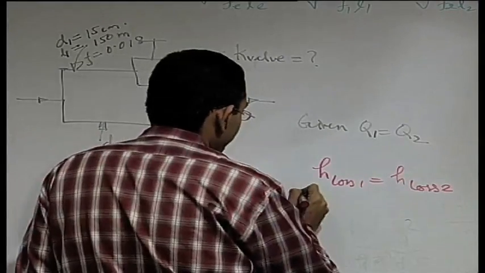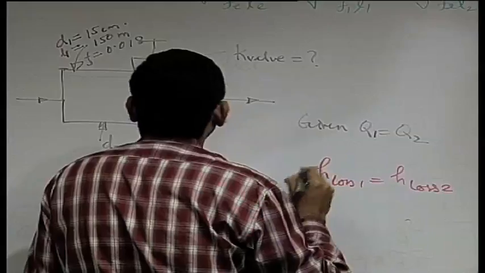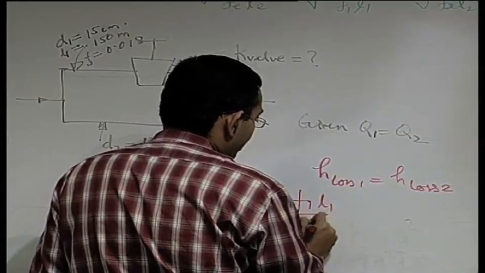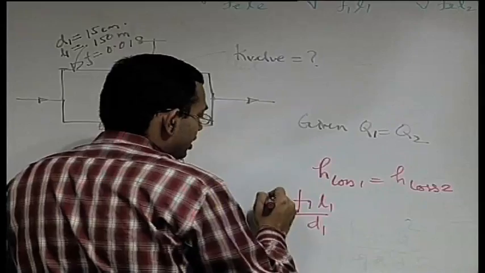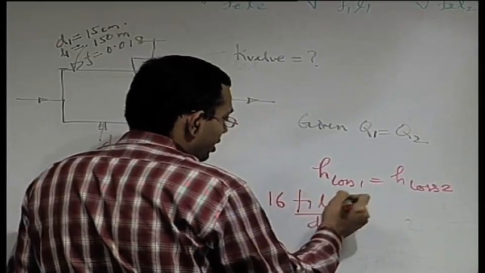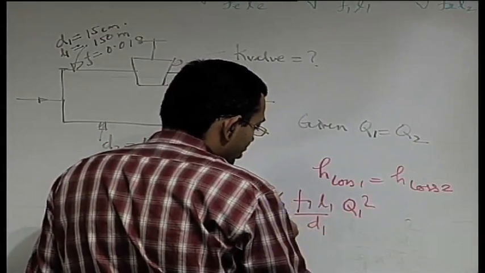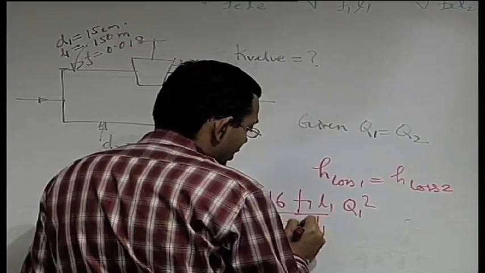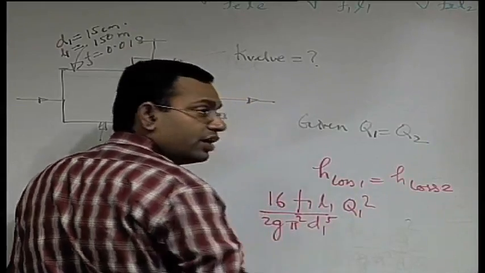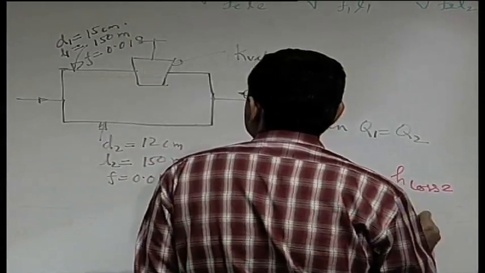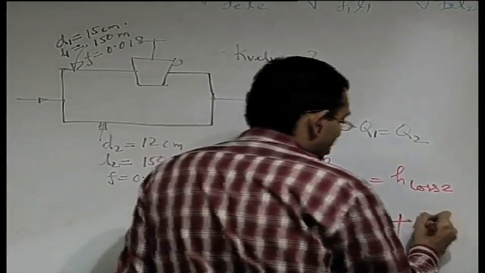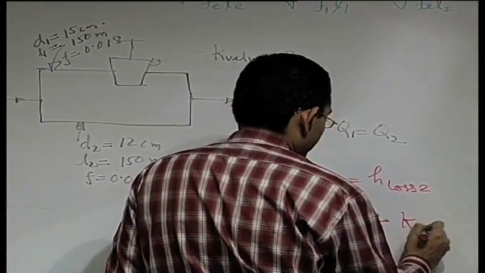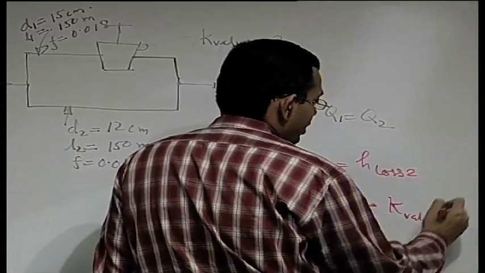You have F1 L1 by D1, or we write in terms of Q, 16 F1 L1 Q1 square by 2G pi square D1 to the power 5 plus the K valve into V square by 2G.